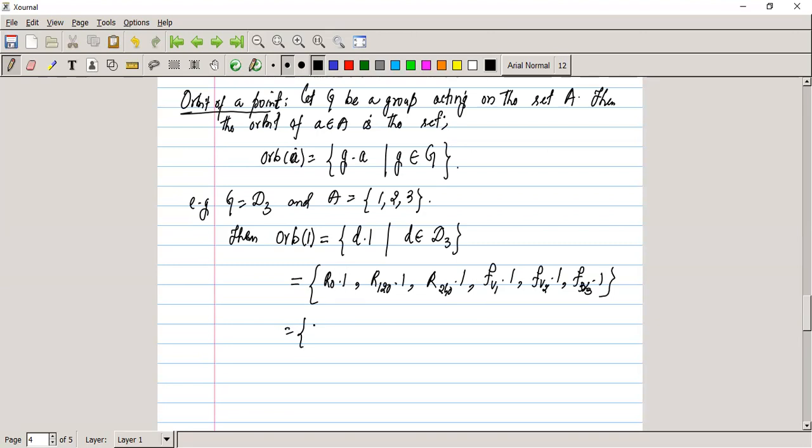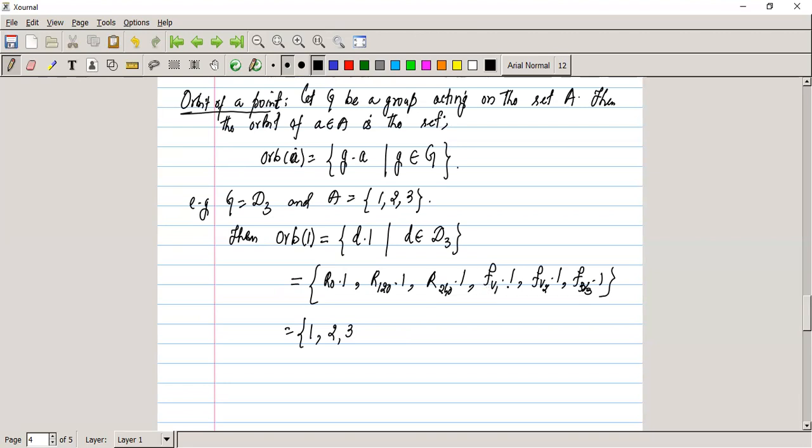Now R0 fixes 1, so it is 1, and R120 moves 1 into 2, so it is 2 here. Now R240 moves 1 into 3.